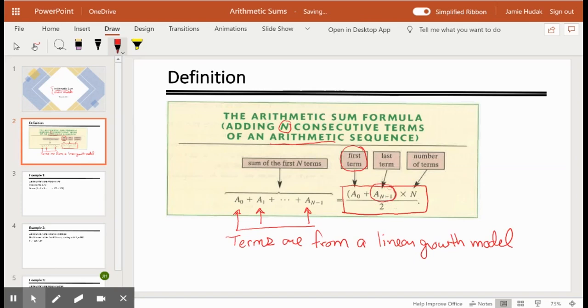A sub n minus 1, that's the last term. And there's a relationship here that the subscript is 1 less than the number of terms, because the number of terms is n. Subscript of last term is 1 less than the number of terms.